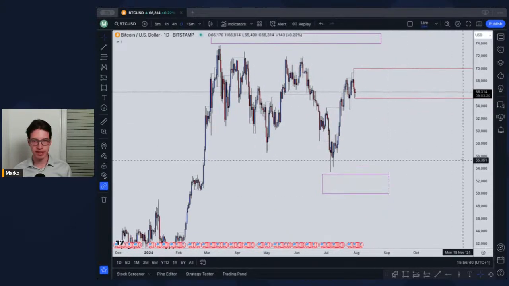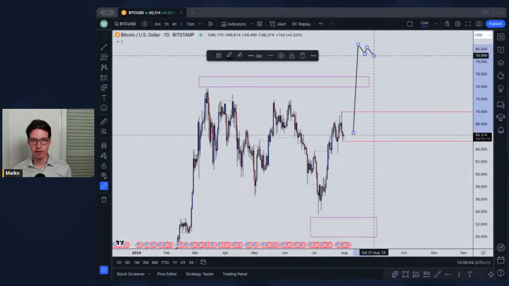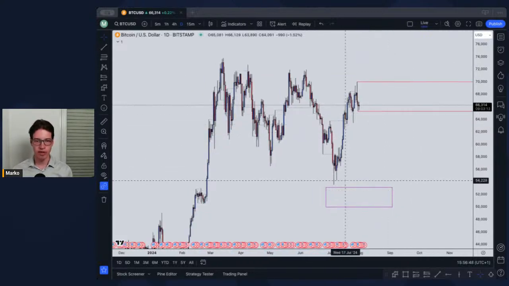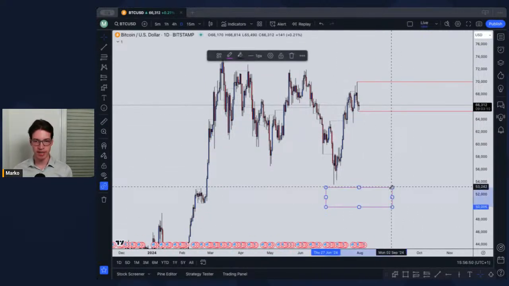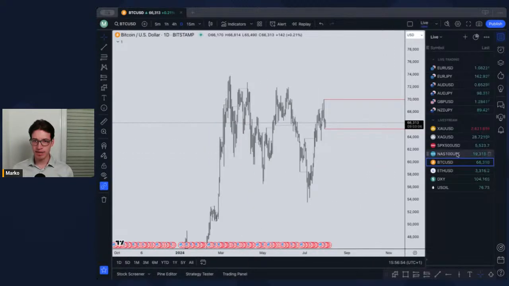So yeah, basically, if we break the high, get momentum, I won't look for longs, but I would expect a bullish scenario. If we break this level, I'll expect a bearish scenario. For now, it is in no man's land.